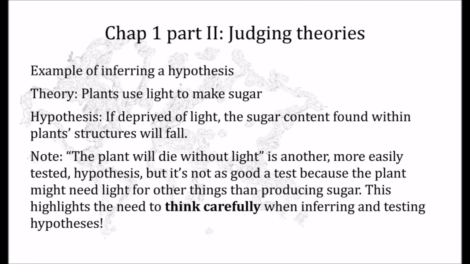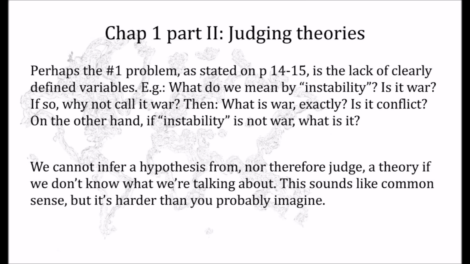And this highlights the need to think carefully when you're inferring and testing hypotheses. Is it really going to test the thing that you want it to test? Okay, and as pages 14 and 15 say, perhaps the #1 problem that people run into, and I mean everyone, is the lack of clearly defined variables. What do we mean by instability?